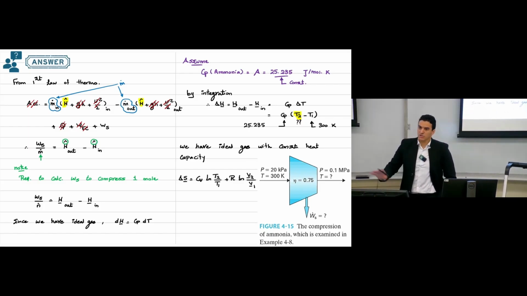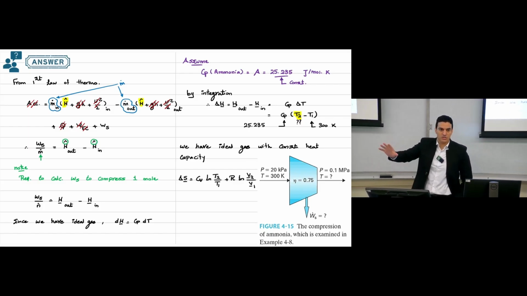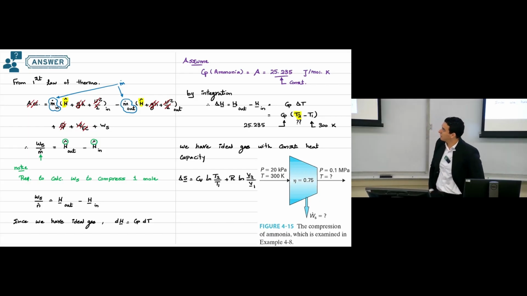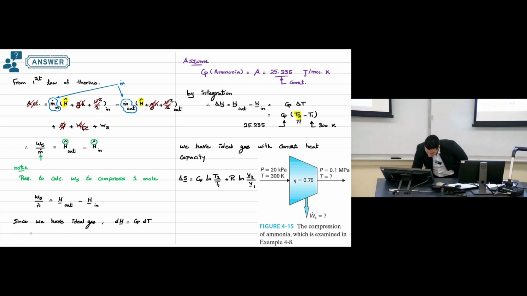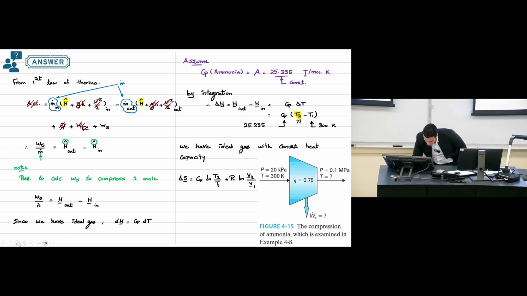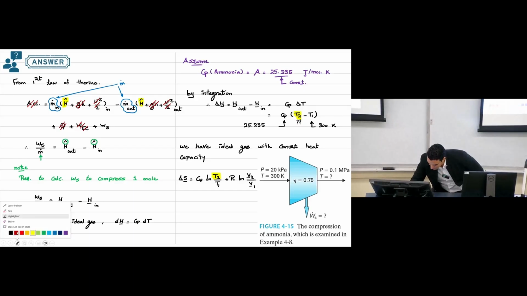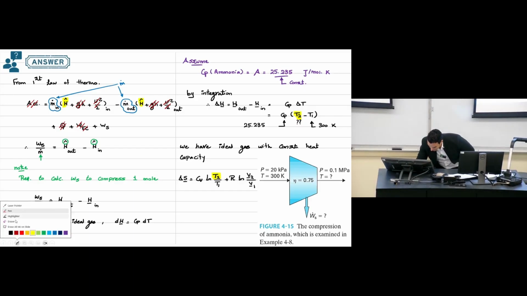This is an equation we explained in the last 2 lectures. We have some equations to calculate the entropy change if we have an ideal gas with constant heat capacity. This equation contains the parameter that we need to find, which is T2.